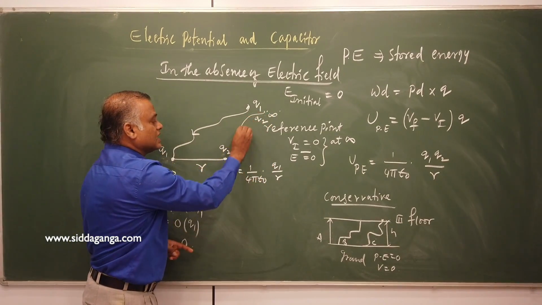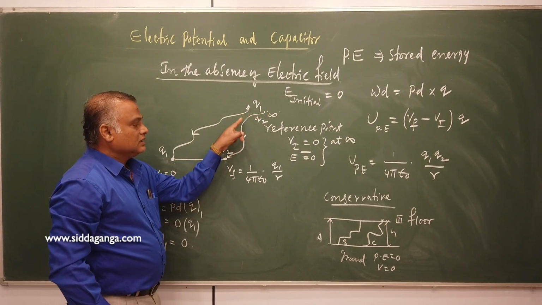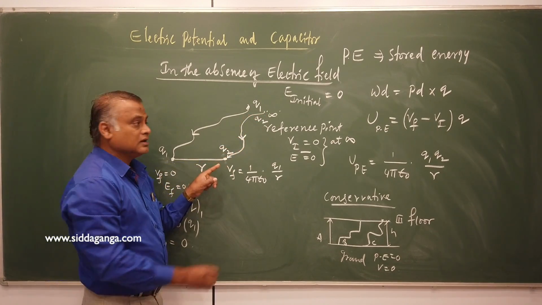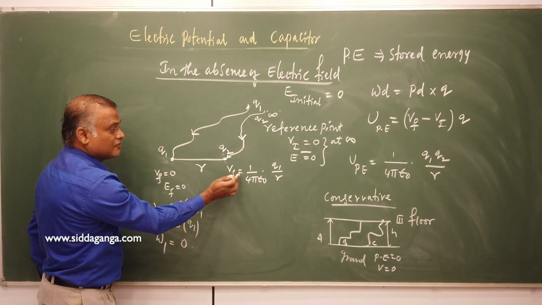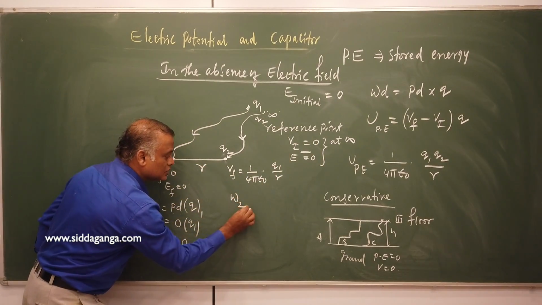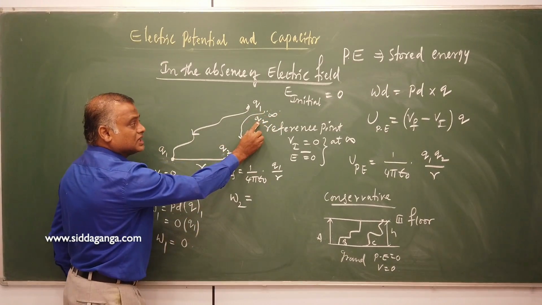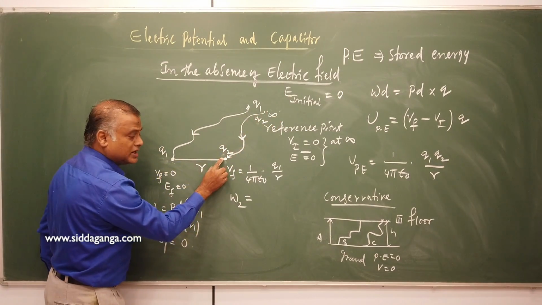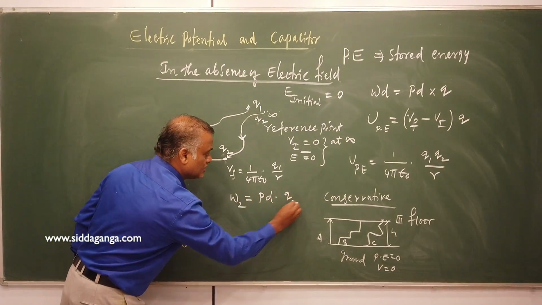Now this charge is carried. It is occupying some space here. Again, path independent. What is the initial potential now? 0. What is the final potential here? Vf. Therefore, work done: in carrying a charge Q2 from infinity to the point of consideration, potential difference into charge.